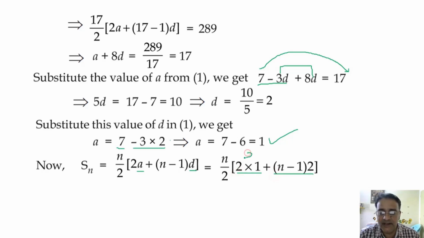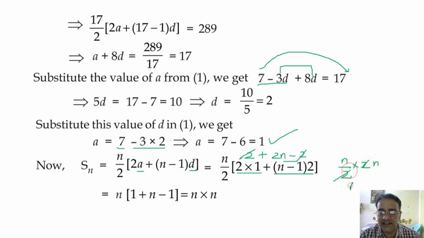So ये 2 मिलेगा यहाँ पर और यहाँ पे मिलेगा 2n minus 2. Anything is cancelling? कुछ कैंसिल हो रहा है? 2 राइट, 2 और 2 कैंसिल होगा, ठीक है. अदरवाइज चलो मैं यहाँ पे कैंसिल कर रहा हूँ, ये जो है मैं उसको एक्सप्लेन करूँगा. सो n by 2 कैंसिल होने के बाद क्या बचेगा? Only 2n will be left. So this 2 cancels and we are getting n square.